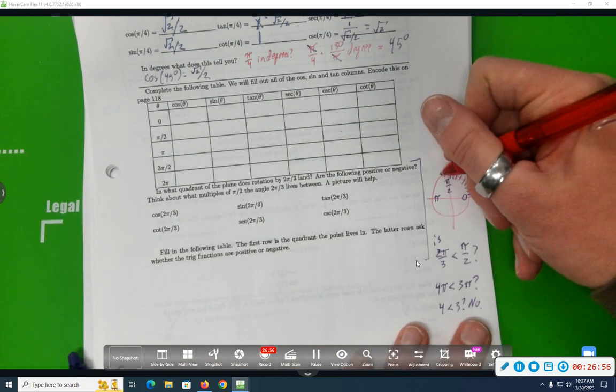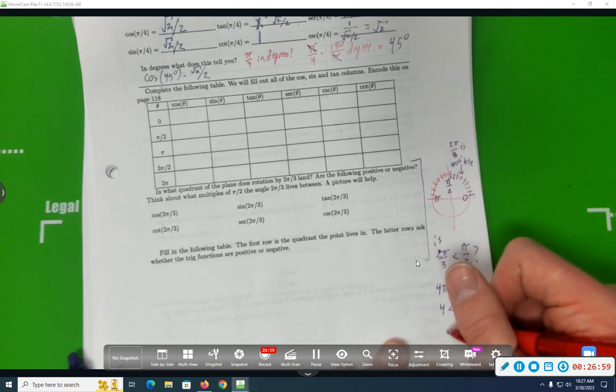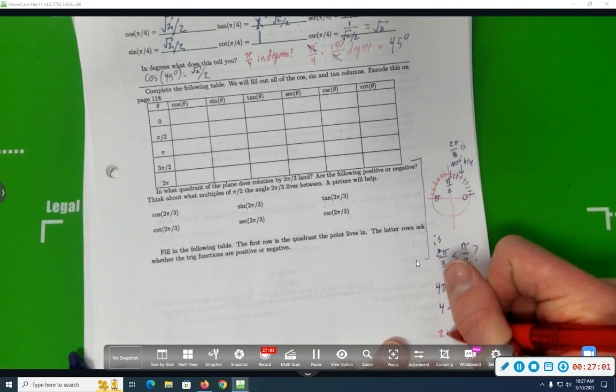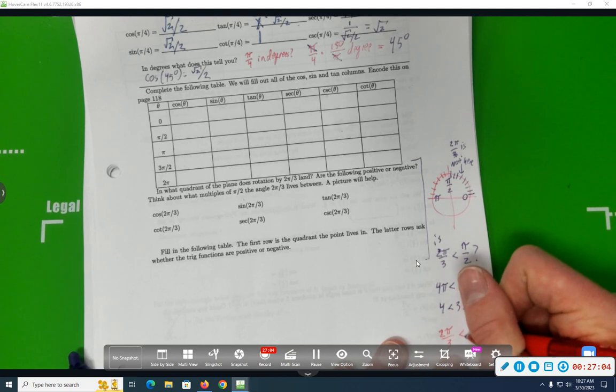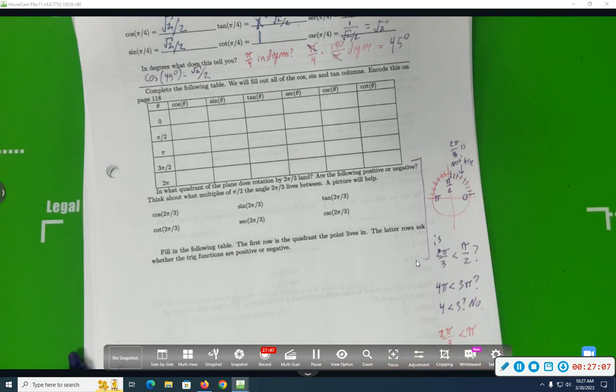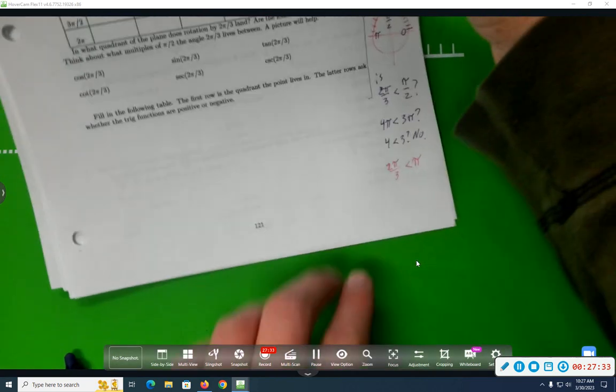Next, let's try to decide, is 2 pi over 3 in this range? To do that, you have to ask, is 2 pi over 3 less than pi? Think on that for a second. Folks for yes? Folks for no? Folks for it's not clear? Let's go through the exact same motions. Let's take that inequality, which we would like to know whether or not it's true, and just simplify it until it becomes obvious.